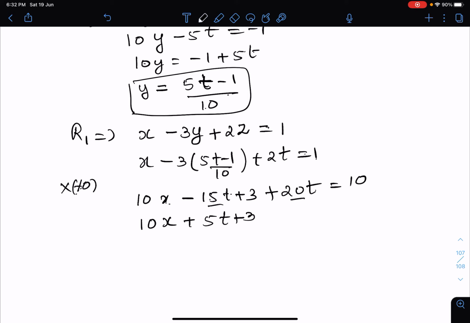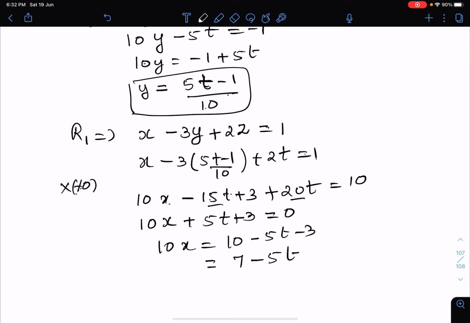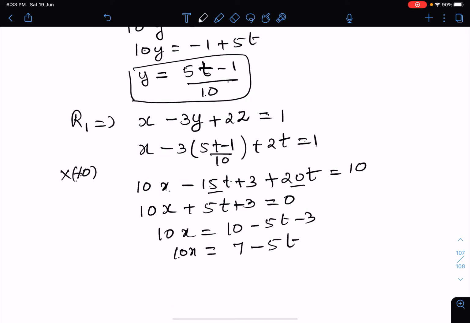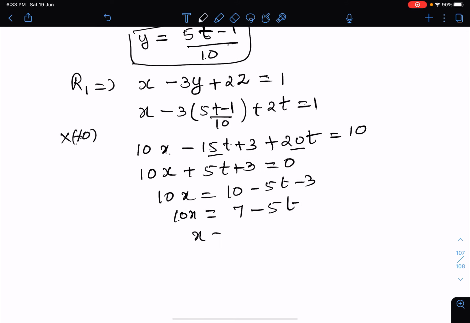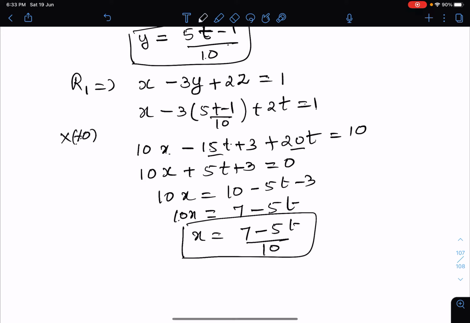Now you can take all these constants to the other side, so 10x equal to 10 minus 5t minus 3. 10 minus 3 gives you 7 minus 5t, and here it is 10x, you bring your 10 here, it is multiplying, so when it comes to the opposite side it is going to divide by 10. So this is going to be our solution for x.